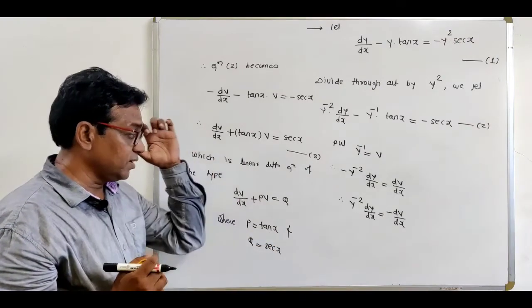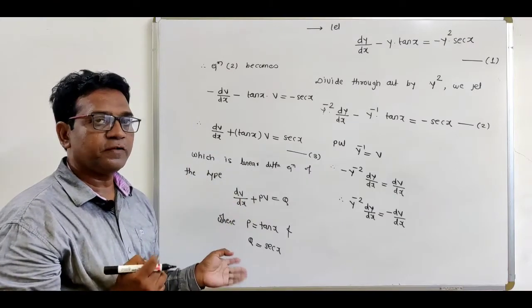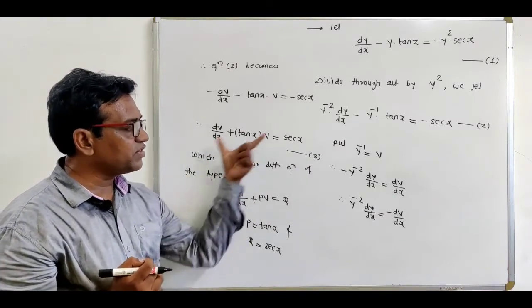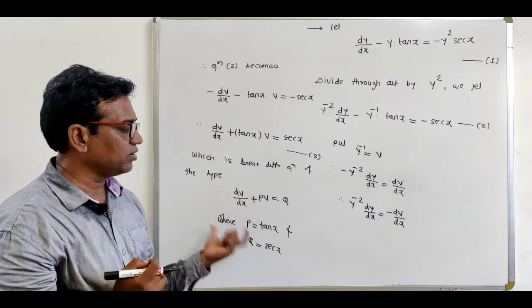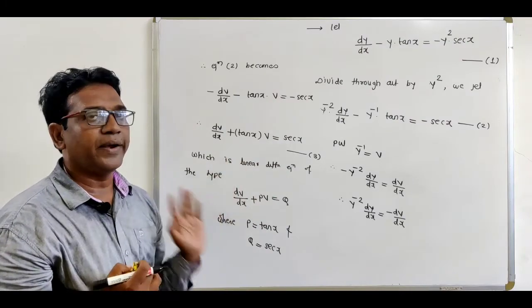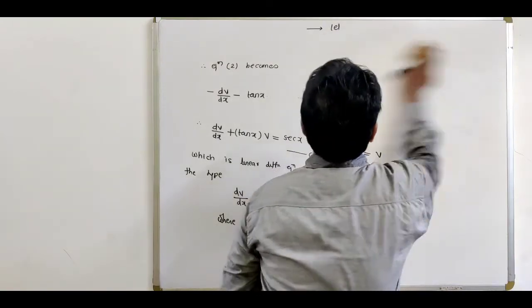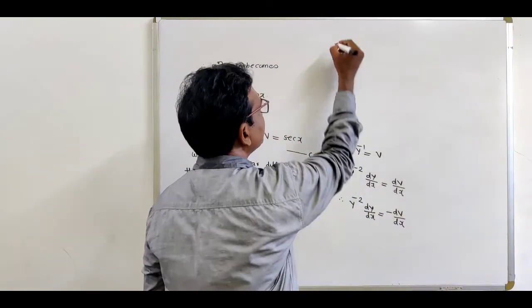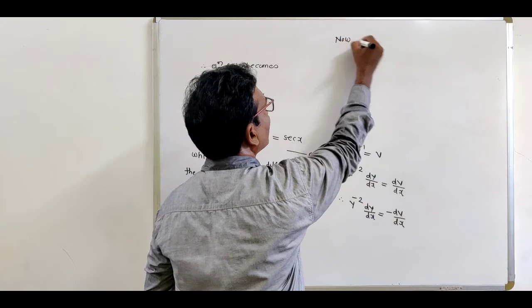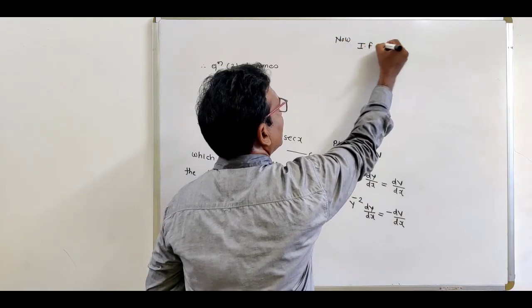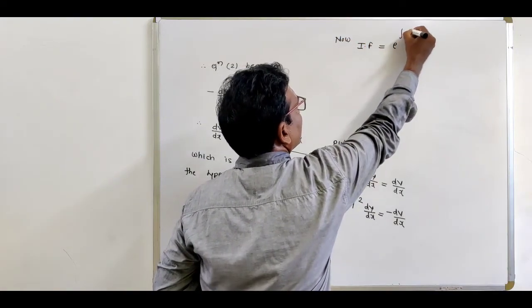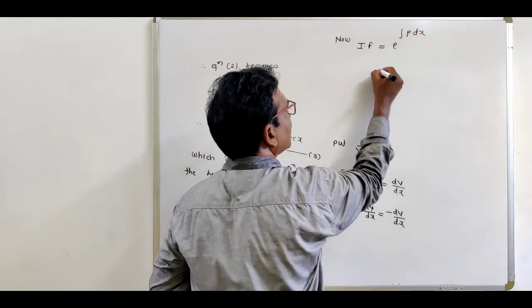We have already seen how to solve a linear differential equation. If it is a linear differential equation, then we have to find the integrating factor. The integrating factor is equal to e raised to integral p dx.